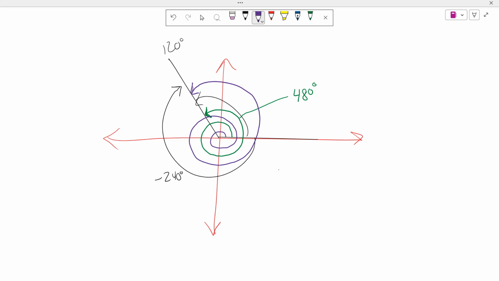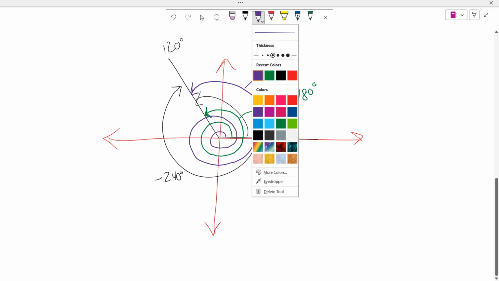Well, all the way around is how many degrees? 360. And around again is another 360. What's 360 plus 360? 720. What's 720 plus 120? 840 degrees.